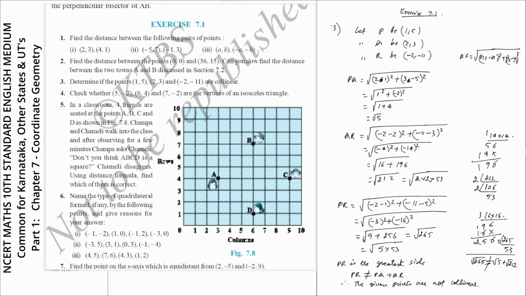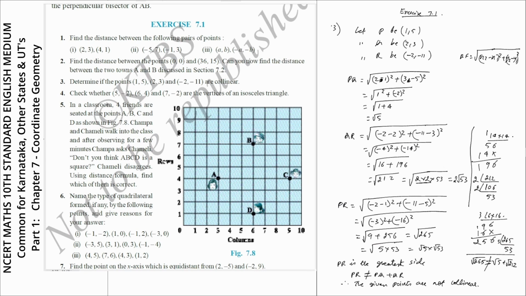So if the points are collinear, then the length of the greatest side will be equal to the sum of the other two sides. Here that condition is not satisfied, therefore it's not collinear. If I simplify further, QR I can write as 2 root 53, taking the 2 outside, and PR I can write as root 5 into root 53.